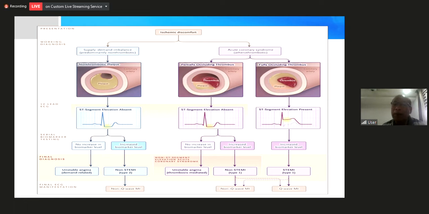In the case of STEMI, it will be total occlusion. This will cause ST elevation, as you can see here, though some patients have ST depression. Because of the myocardial injury, there will be a rise in cardiac biomarkers. Next slide.